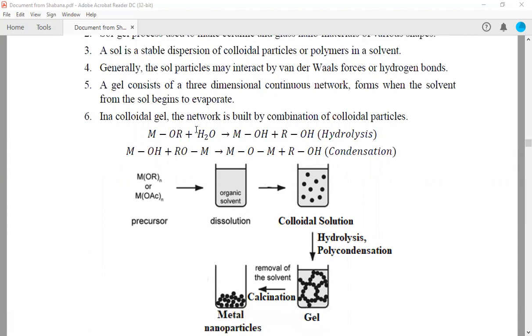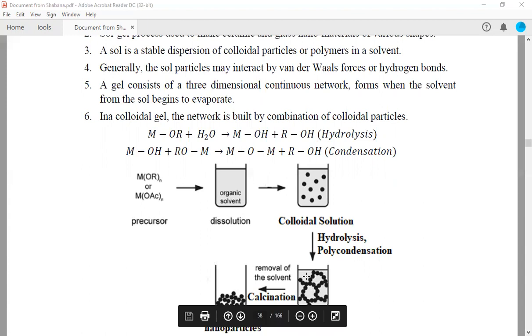So in a colloidal gel, a network is built by the combination of colloidal particles. That means a colloidal solution undergoes hydrolysis and polycondensation reactions to form a colloid, a system composed of nanoparticles dispersed in a solvent.